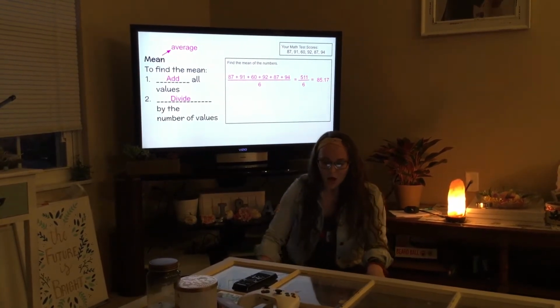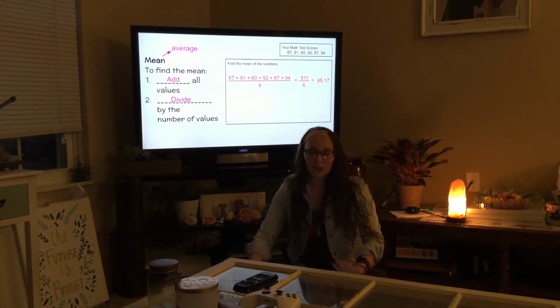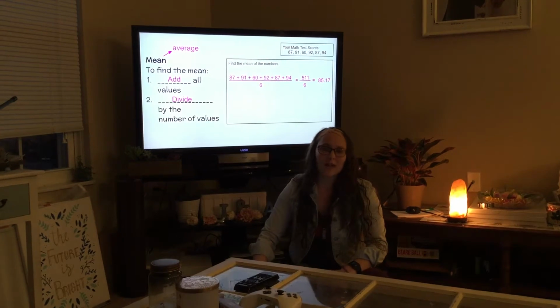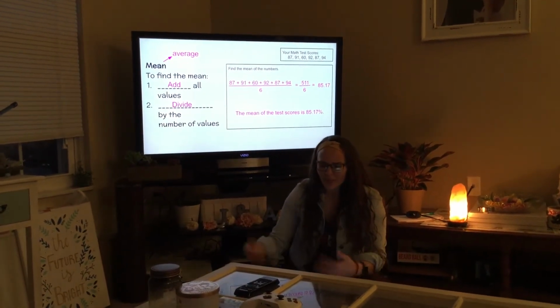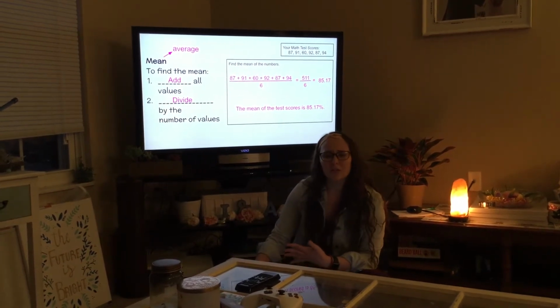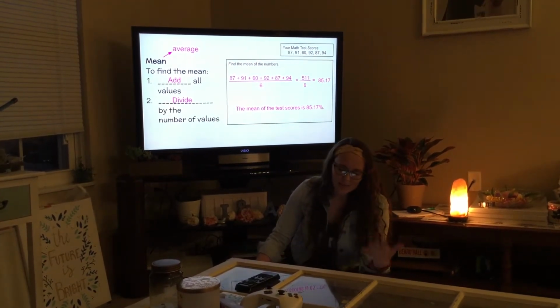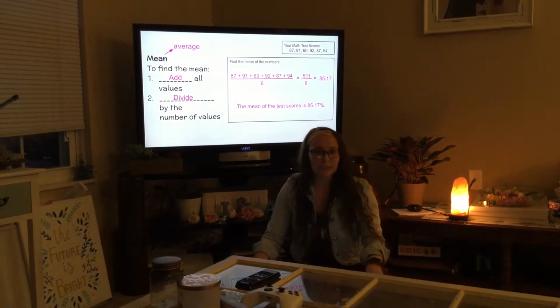Okay? So we said 511 divided by 6, you should get 85.17, or 85 and 17 hundredths. So that's an okay percentage to have. Typically percentages do round to the nearest hundredth. So we would say the mean of the test scores is 85.17%.